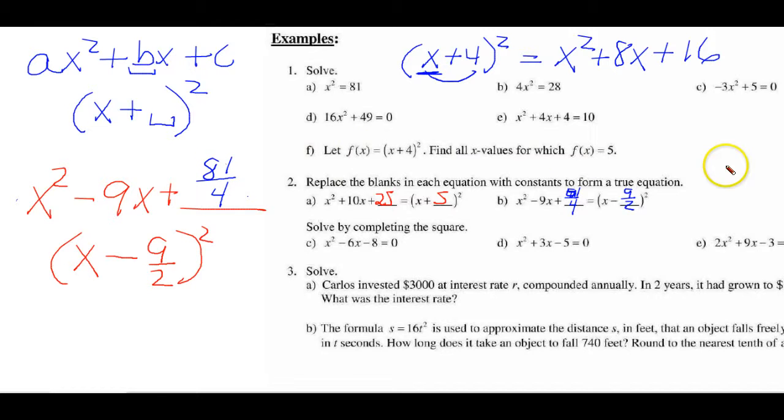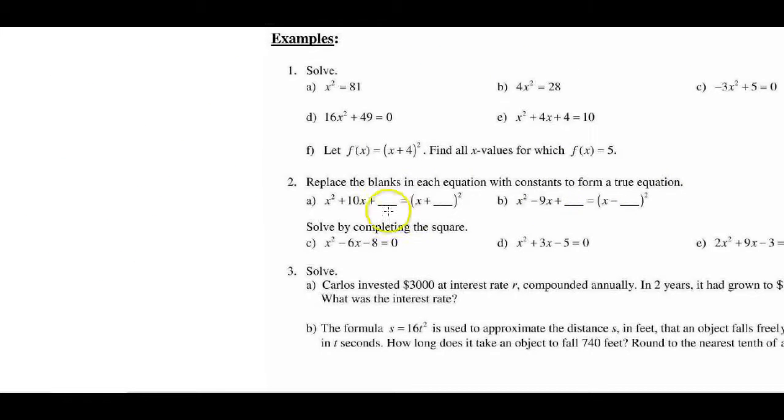Okay, now I'm going to clear this, but you have it as a reference in your booklet, because we now want to solve this equation. Let's write it out. X squared minus 6x minus 8 equals 0.